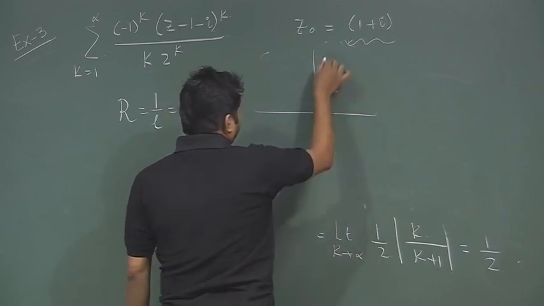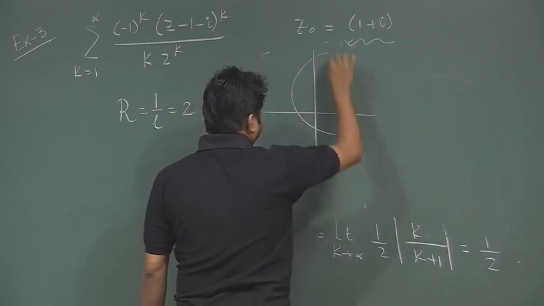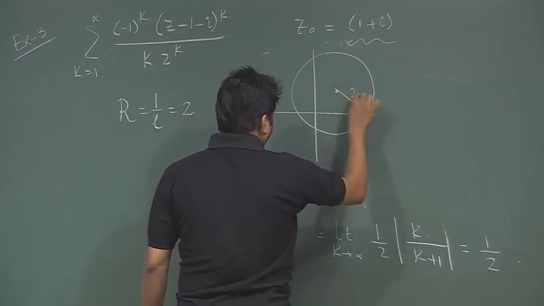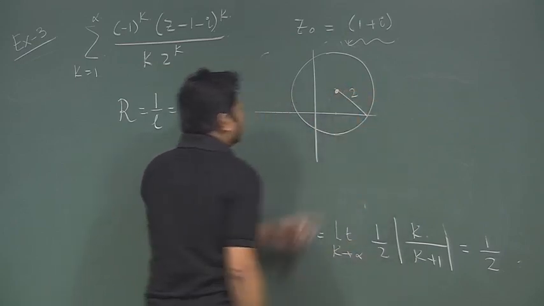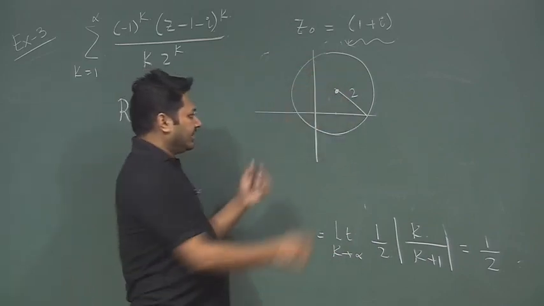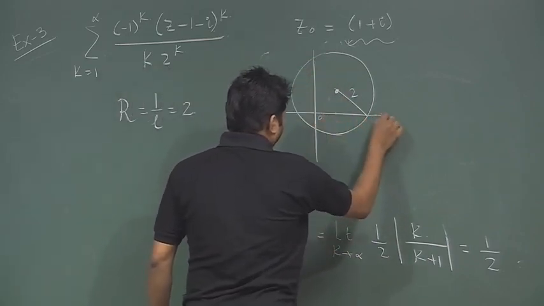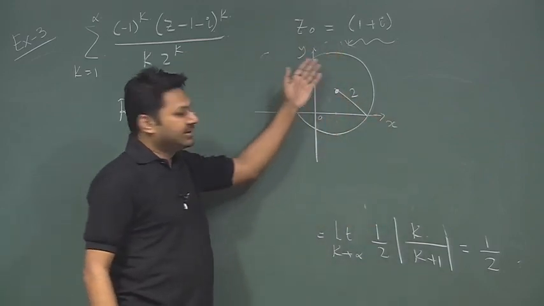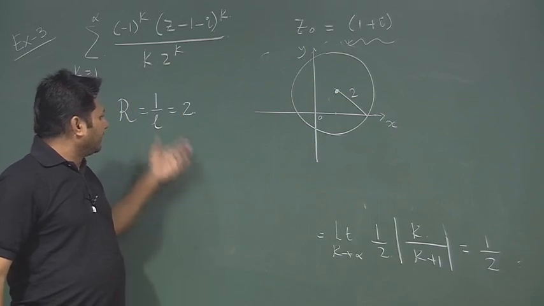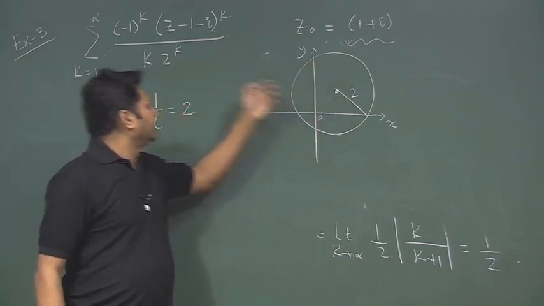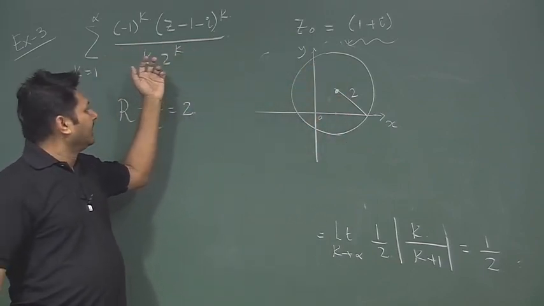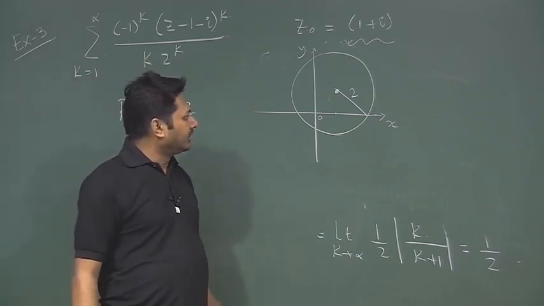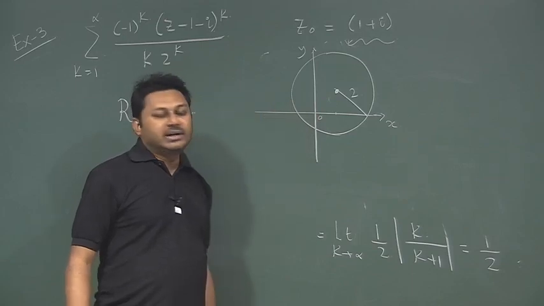If I take a circle of radius 2 around this point, then all the z points inside this circle, if I expand the series, will converge. So, this is the test of convergence, and we find the radius of the circle.